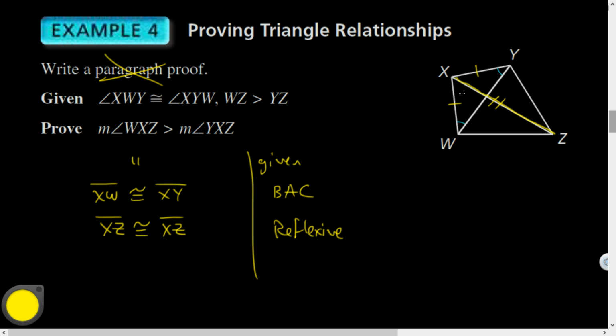And then if I know that this side is bigger than this side, which was given to me, then I can say that the measure of angle WXZ is greater than the measure of angle YXZ. When I started with the sides and then made a claim about the angles, that was the converse of the Hinge theorem.